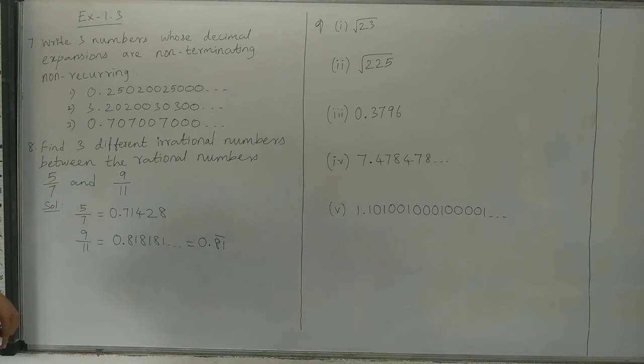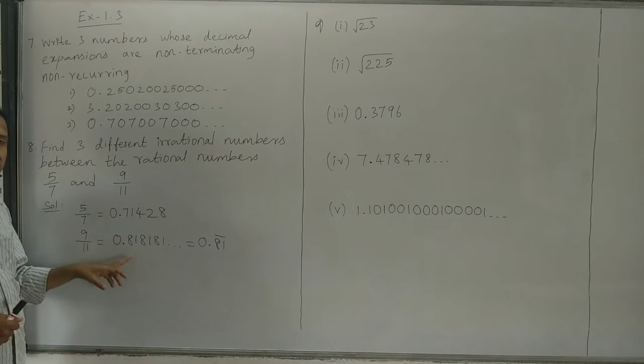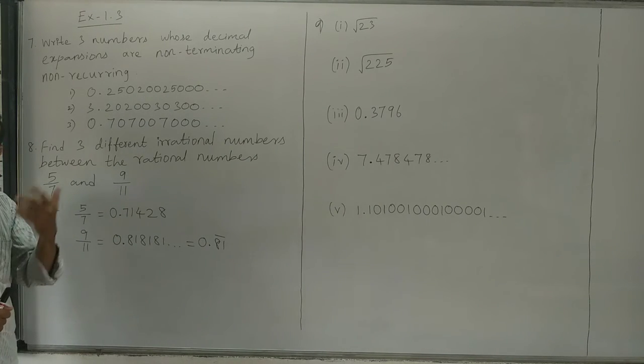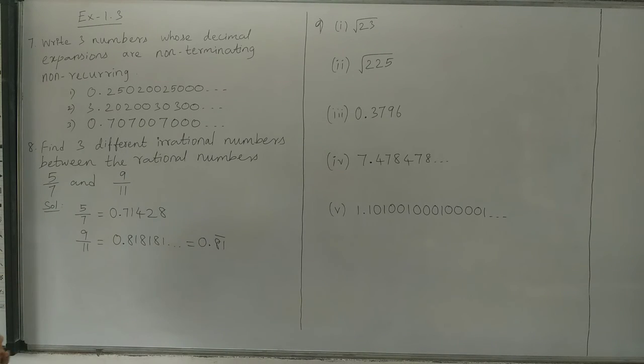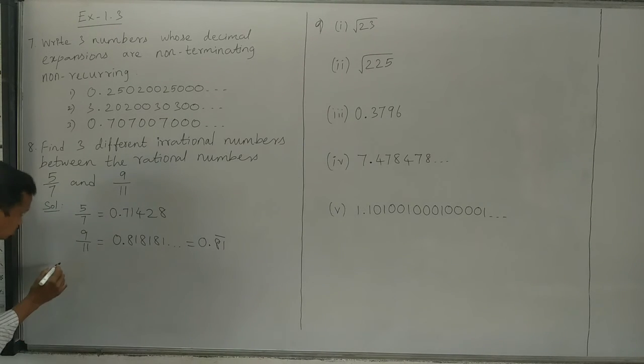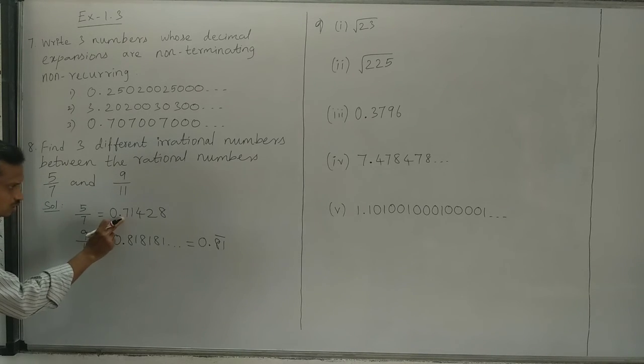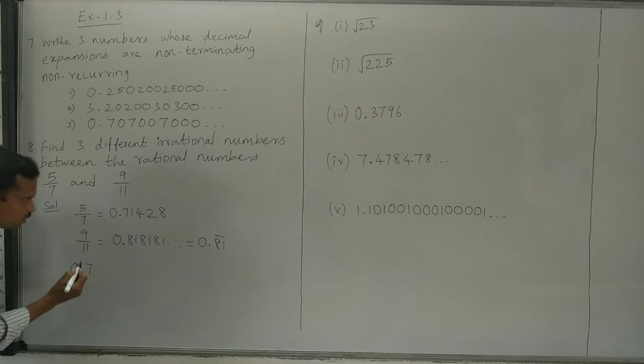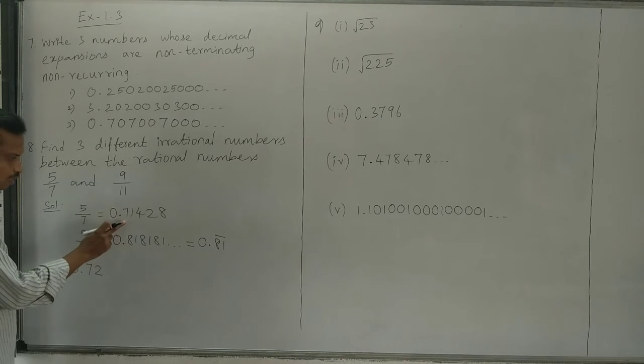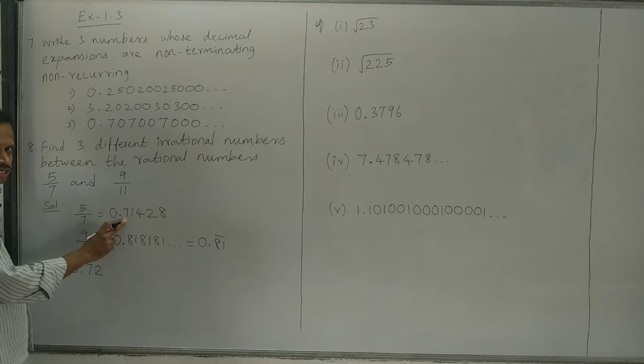And the question is, between these 2 decimal expansions, we have to find 3 different irrational numbers. As before in some question, here also you have to do the same thing, selecting any 3 irrational numbers between these 2 expansions. Clear, student? Now to try this answer, 0.71. After 7, you can put 2, because here you see after the point the 10th digit is 7.